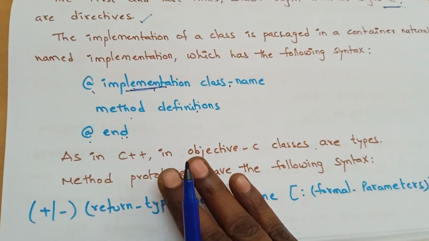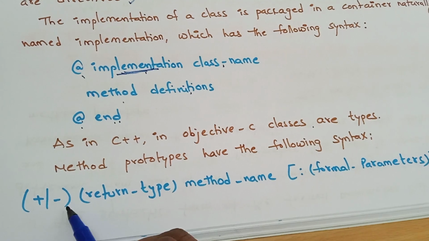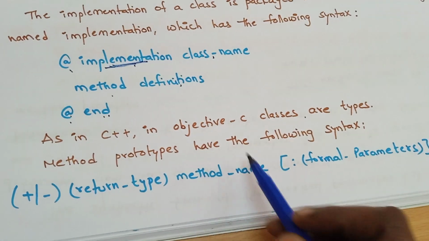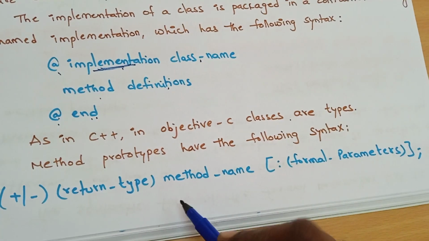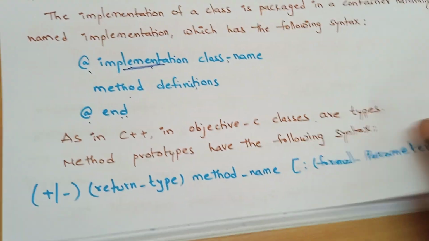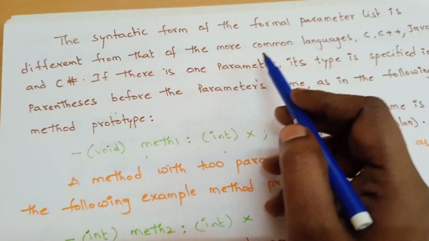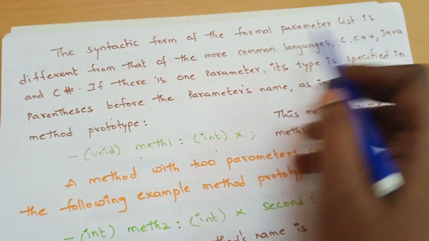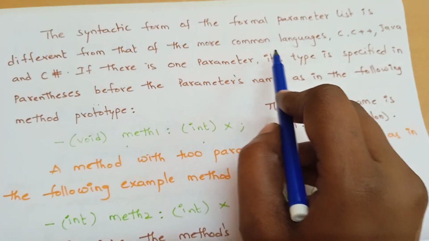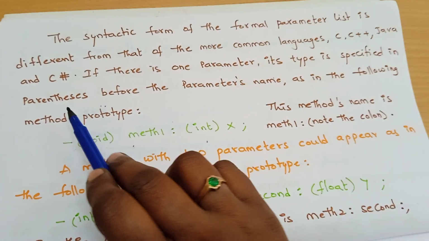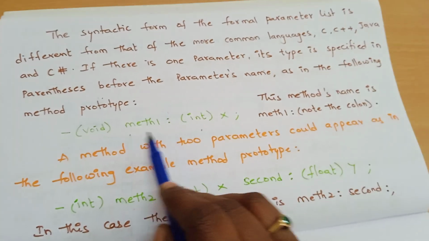When you want to create a method prototype, we use a plus or minus, then the return type, method name, colon, and formal parameters. This is the method prototype. The syntactic form of the formal parameter list is different from that of the more common languages C, C++, Java, and C Sharp. If there is one parameter, its type is specified like this.